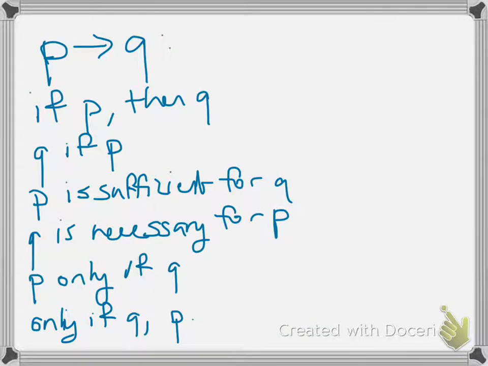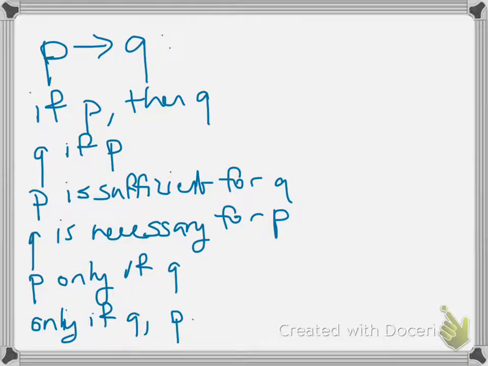Okay. So I have written here a whole lot of different variants of ways that we can have conditional statements. That's what these are called, conditional statements in English. I have them written using the symbolic P and Q. So of course we have if P then Q. And then we have Q if P. So, for example, a person is a male if that person is a father.